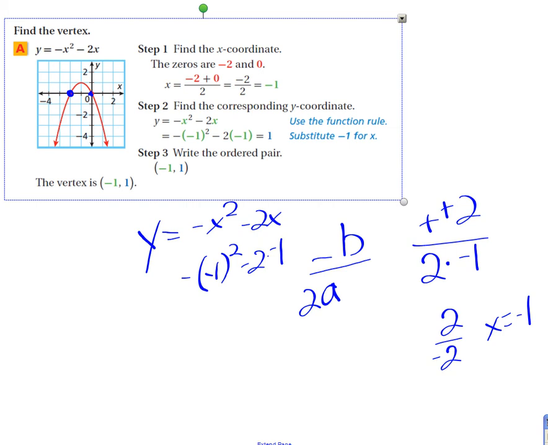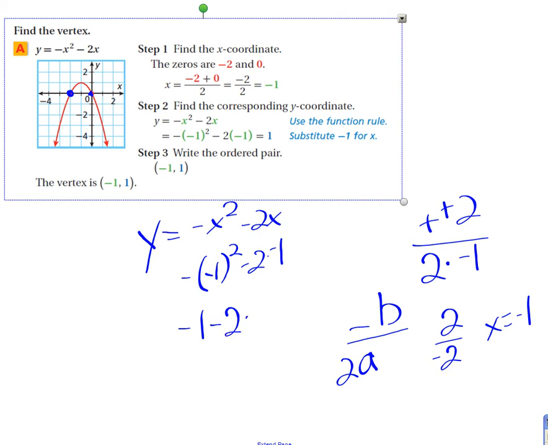And that is a tremendous looking problem to work on. That's not hard. There's no number bigger than 2. So you start with the exponent. So what's negative 1 squared? 1. So we have negative 1 minus 2 times negative 1.